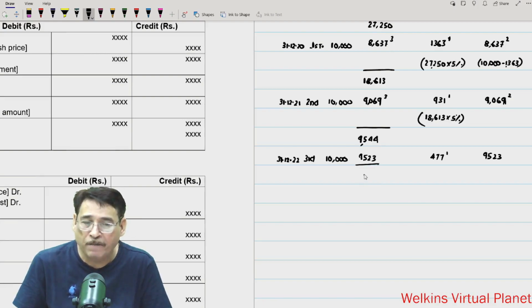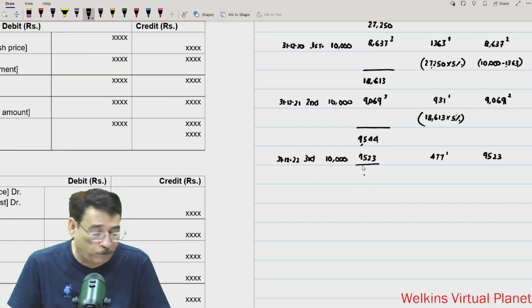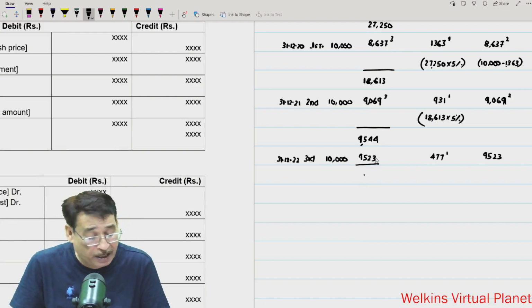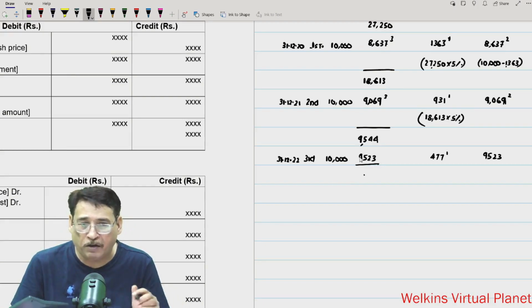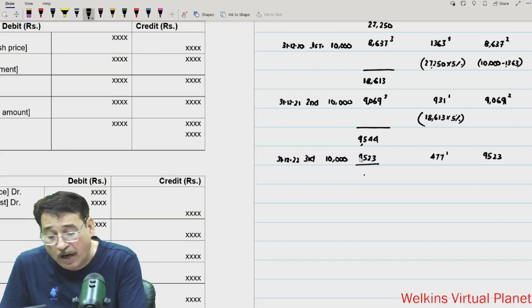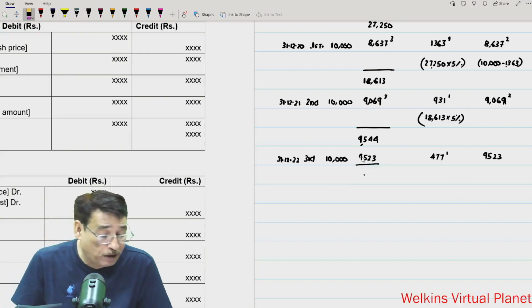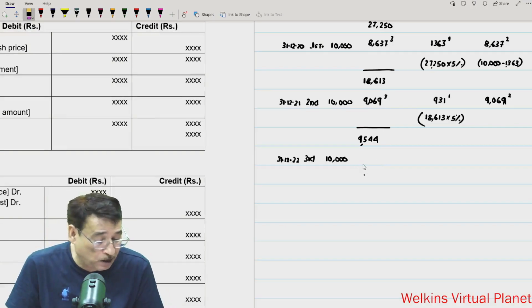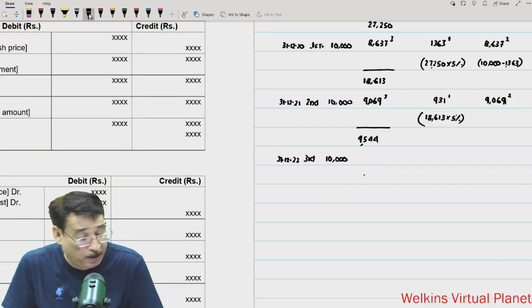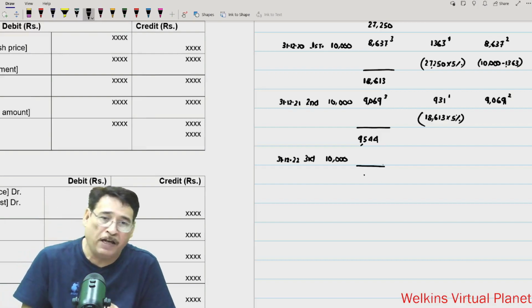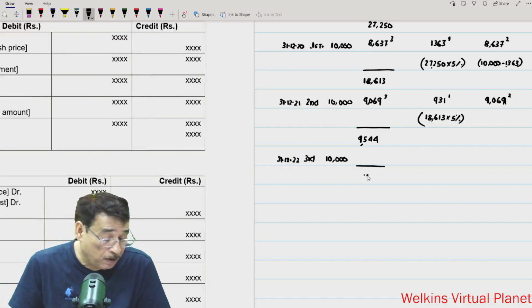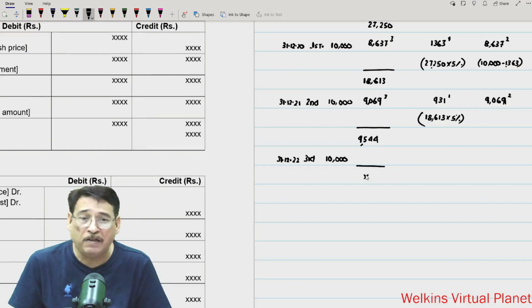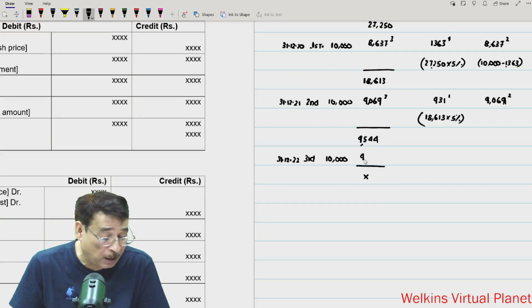Still there will be a balance. Because we are in the final year, we want that no balance should be there at the end of the final year. So in the final year, just pay attention. It is natural that I do not want any balance. If I do not want any balance, what figure should I subtract? 9,544.